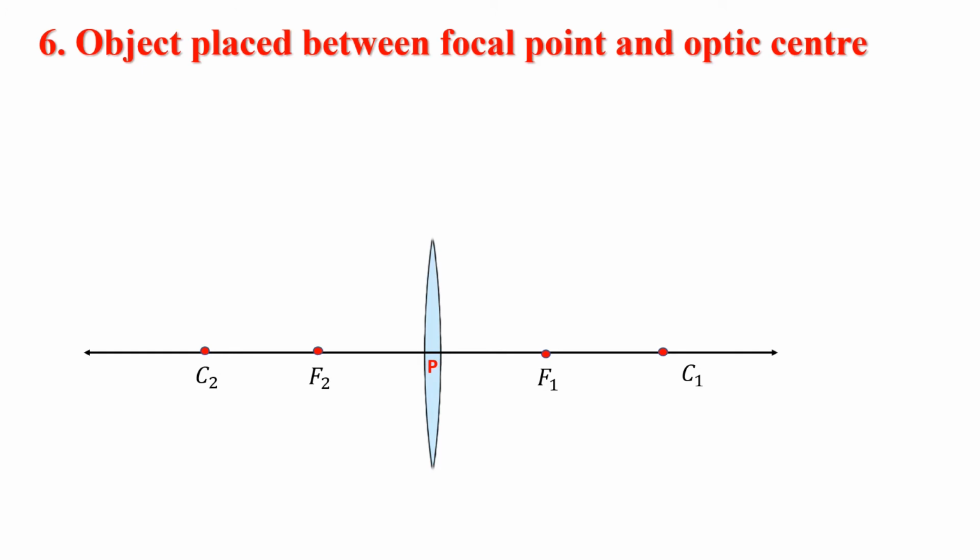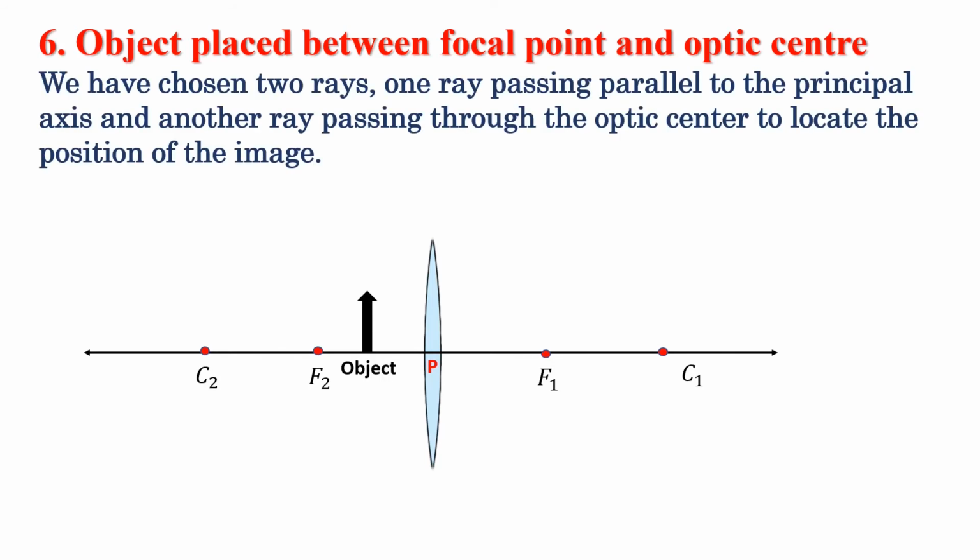Now the sixth position of the convex lens and object. In this, the object is placed between the focal point and the optic center, between F2 and P. When the object is placed between F2 and P, to draw the ray diagram, again we are using two rays. The first ray, which is parallel to the principal axis, after refraction will pass through the focus on the other side.